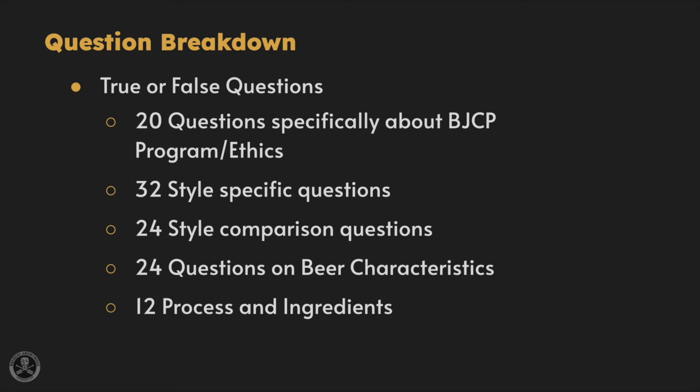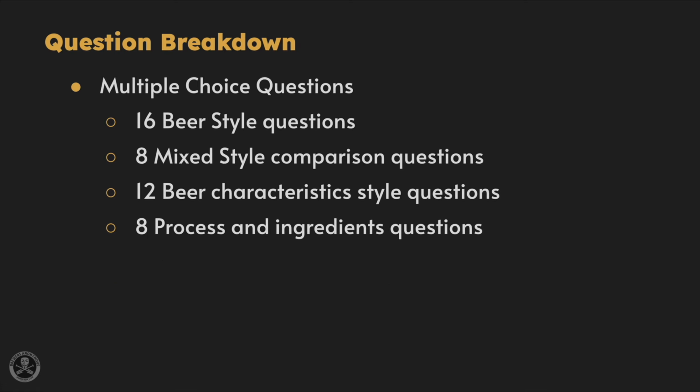There's also 24 true or false questions that are going to compare styles to each other. 24 questions on beer characteristics. And finally, to round out that entire pool, you're going to have 12 true or false questions about process and ingredients. For the multiple choice questions, there will be 16 beer style questions, 8 mixed style comparison questions, 12 beer characteristic style questions, and 8 process and ingredients questions.